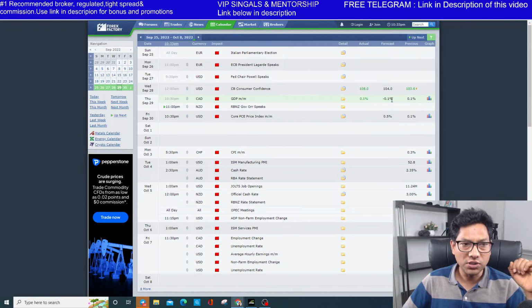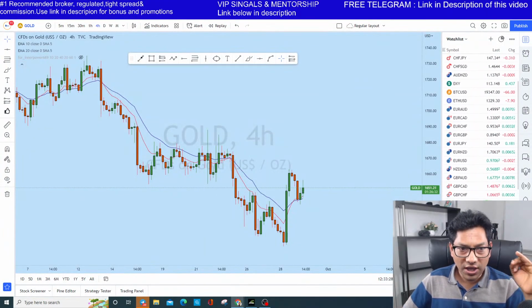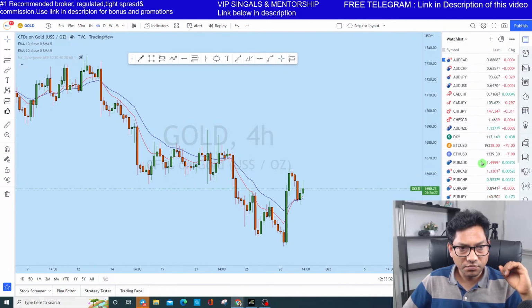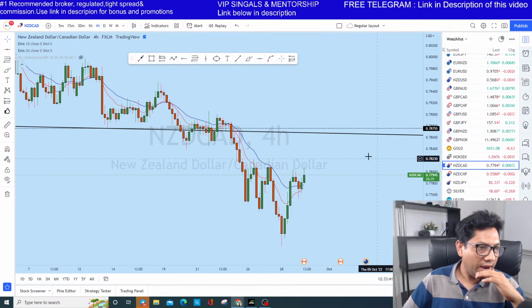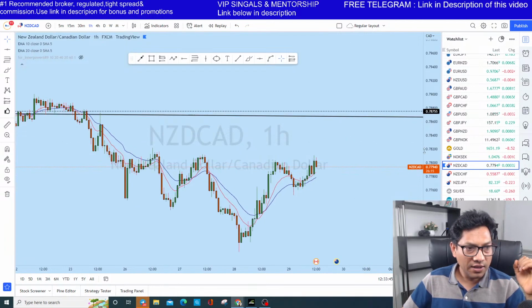The forecast was minus 0.1% GDP, and the result is way better than forecast. So we could potentially see some strengthening on CAD, which means we could see NZD CAD coming down, or other CAD pairs. You see that NZD CAD is manifesting that result.